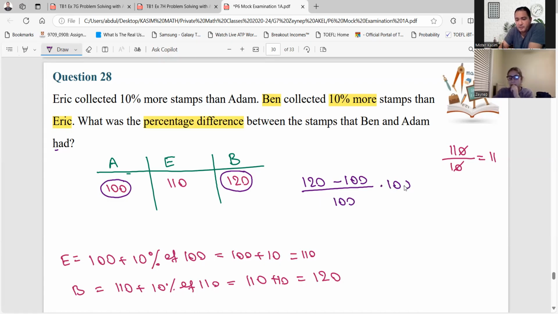And multiply this by 100%. 121 minus 100 is just 21. So that means that Ben has 21% more stamps than Adam. Adam or Eric? Adam. Adam. Okay.